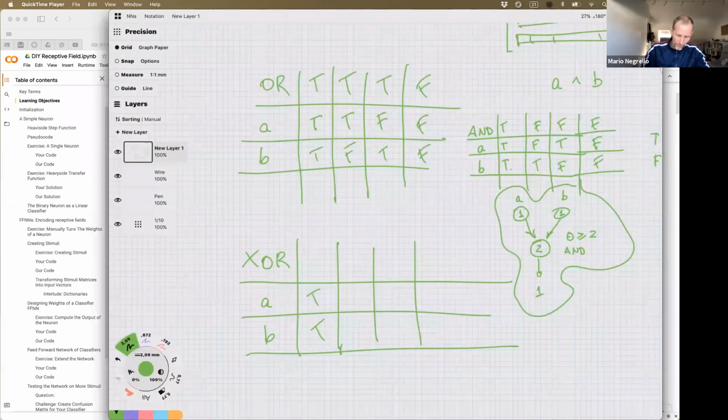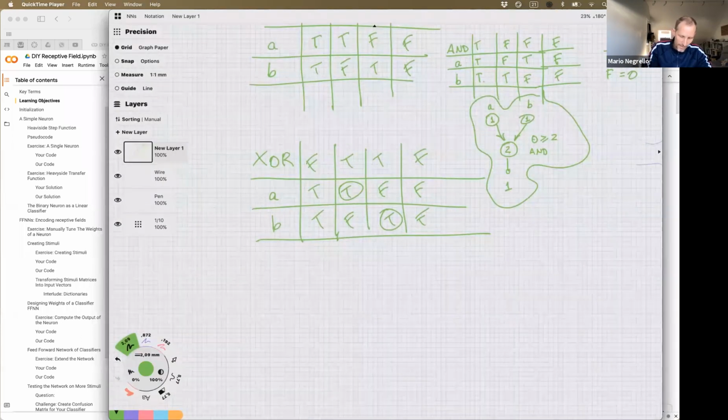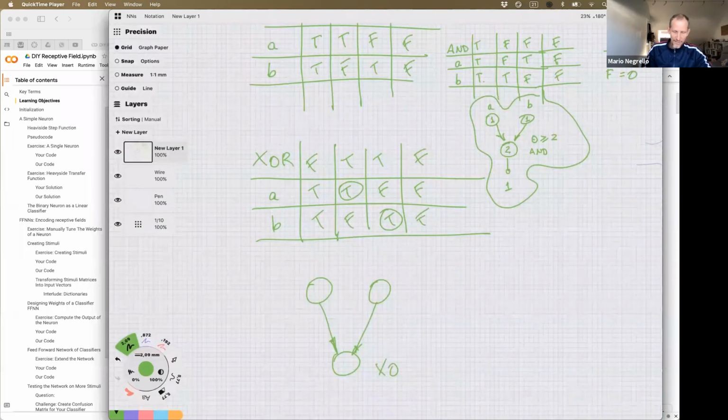So true, true, and false, false give us falses, whereas one true and the other one false returns true. The challenge is to write a feed-forward neural network with a single layer, selecting any weights that you want, that will encode here a function of XOR.